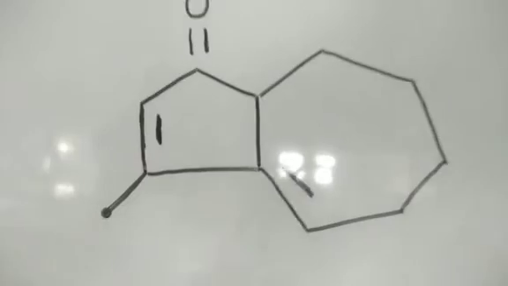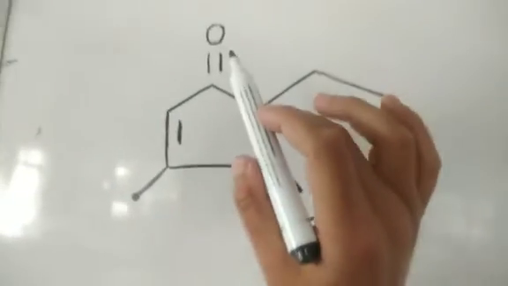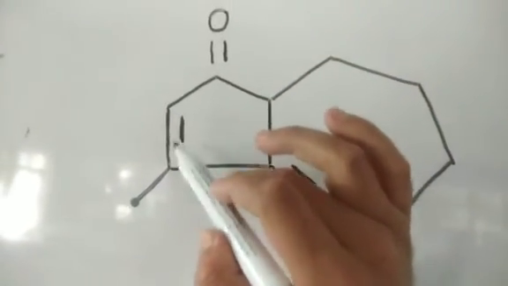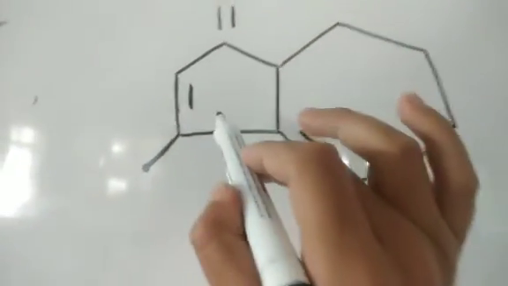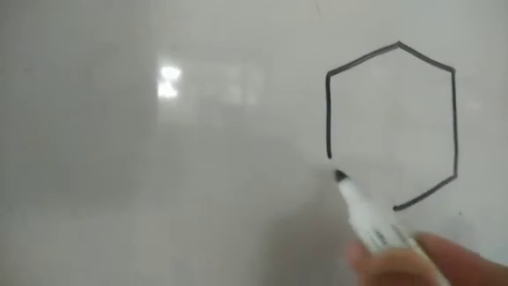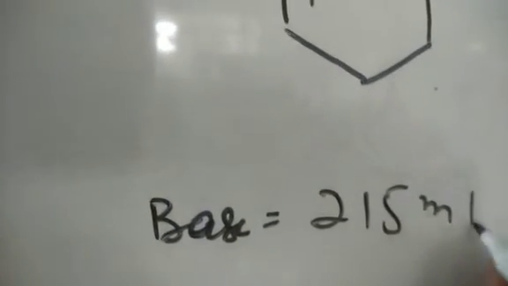So for this type of example, we have to search first for alpha beta. So this is alpha beta here. And now it's a ring, a cyclopentene ring. Now in the cyclopentene ring, the base value is 202. It's very important. So you can write down, if we have an alpha beta unsaturated function of this type with a 6-membered ring, the base value is 250 millimicrons.